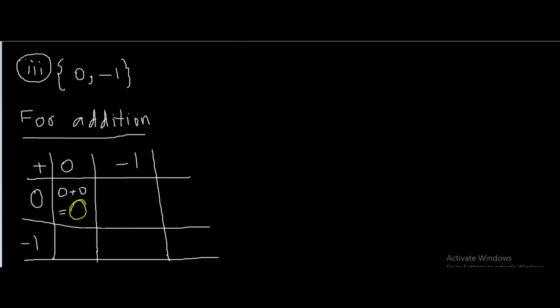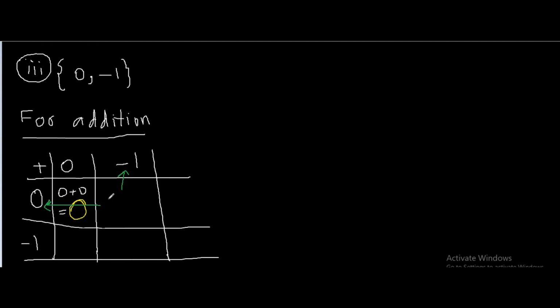Now for the next box, which is located rightwards, you can see that the upper input is -1, while the left input, which was the main member of the set, is 0. So 0 and -1 will be added in this box.